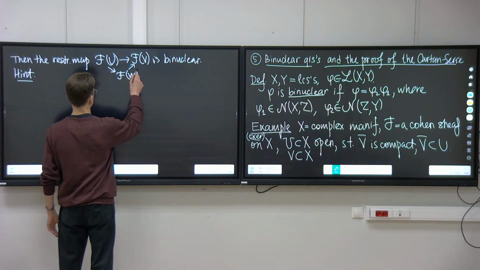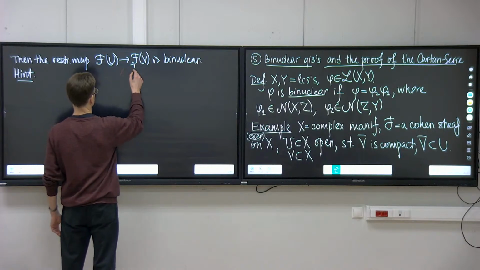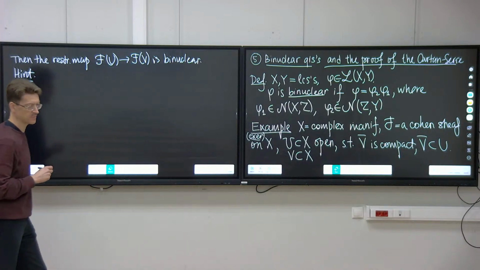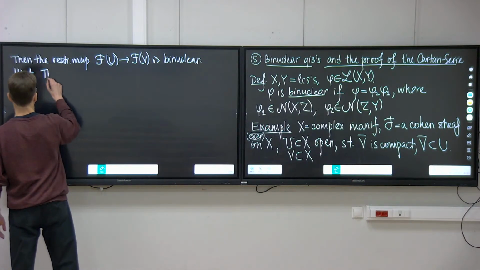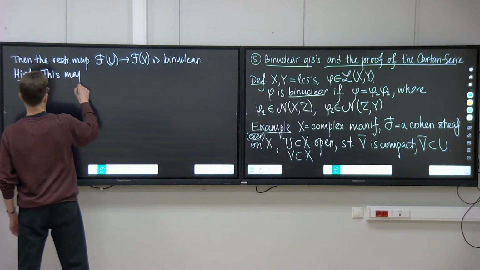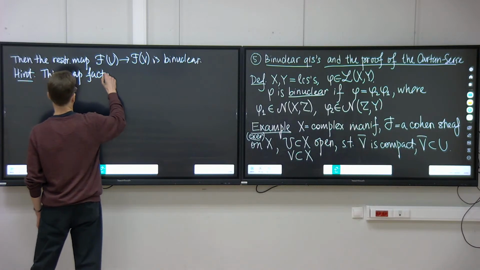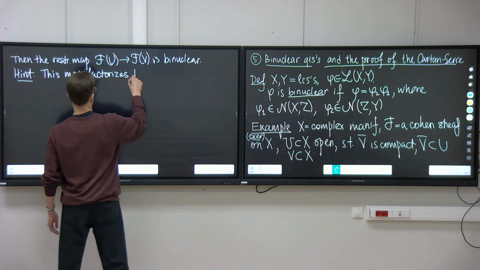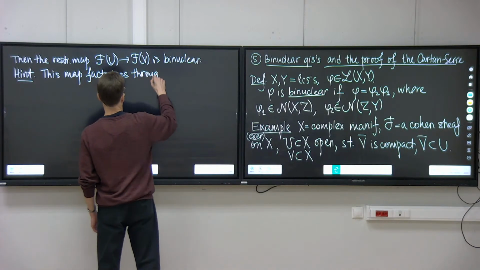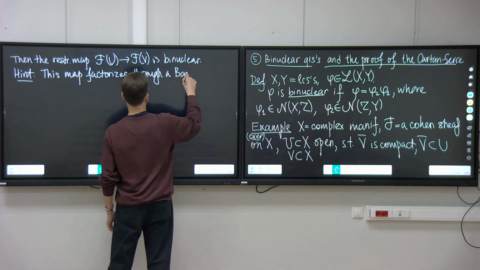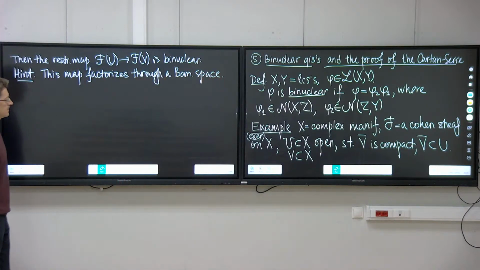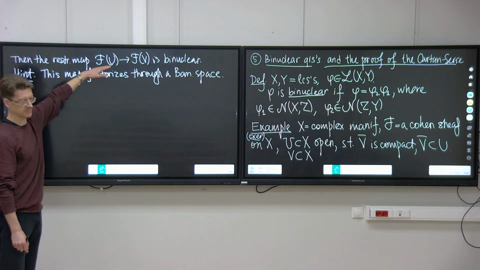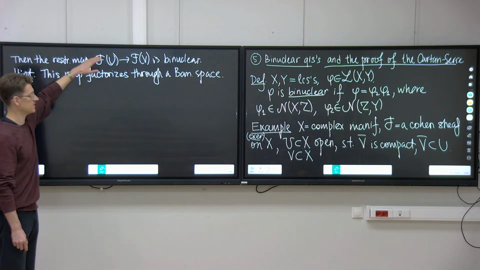And to prove the nuclearity, it's enough to factorize this map through a Banach space. So a hint is to prove that this map factorizes through a Banach space. This really implies that it is nuclear because any map from F of U to a Banach space is nuclear. F of U is a nuclear space.